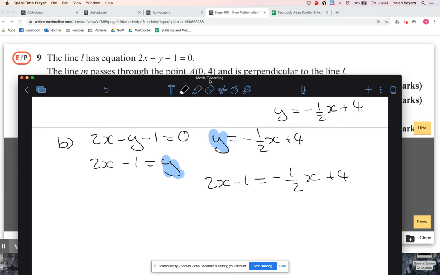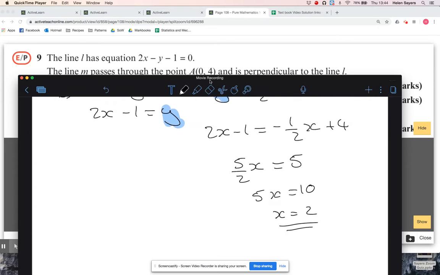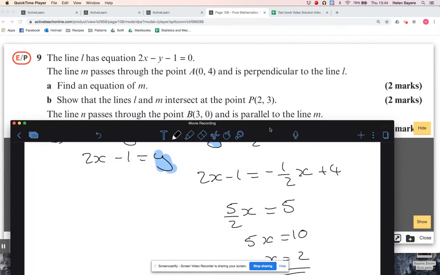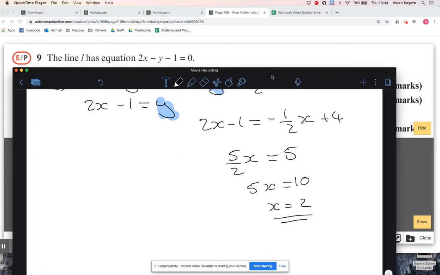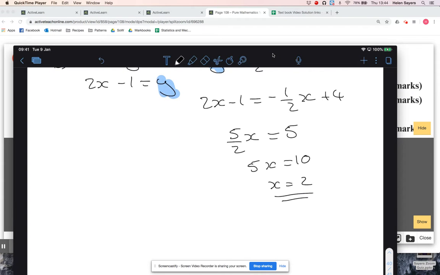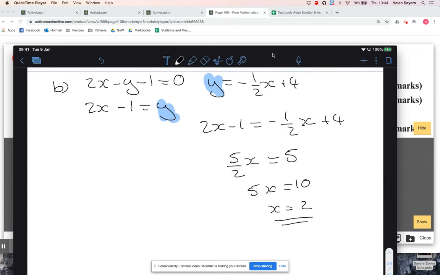If I add the 1/2 x over, that's going to be 2.5x or 5 over 2 x. If I add the 1 over, then multiply up by 2 and divide by 5, I get x is 2. Bear in mind this is a show that question, so you want to be really clear that you're not skipping any stages of your working out, because you maybe think they're a bit too obvious. I also then need to show where y comes from.